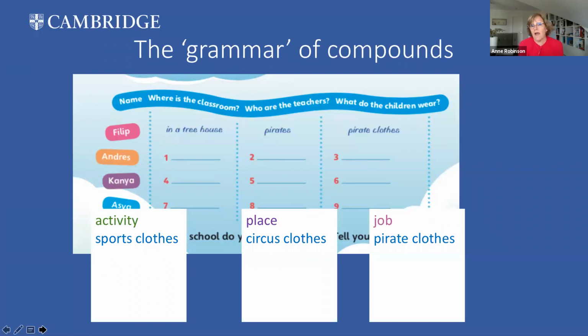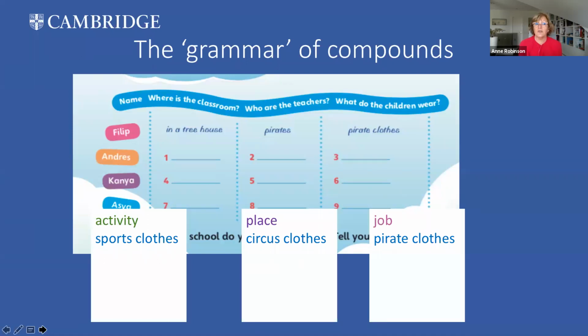Another thing about the grammar or the rule of compounds is the first word in a compound very often tells us what activity the thing is for, or we're going to use it for, the place where you might find these things or people might wear them, or a job.